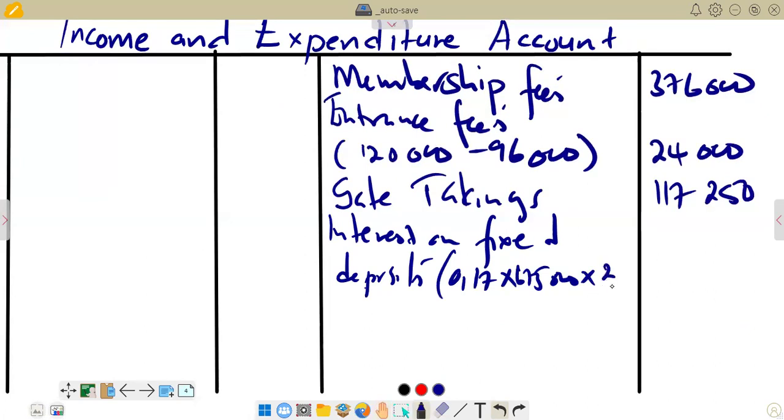You multiply by 2 over 4. Calculate that correctly, you're going to get 19,125. So this is what we have.